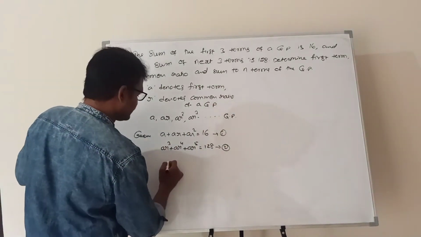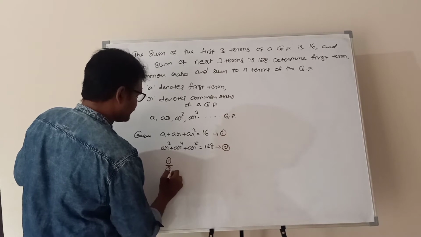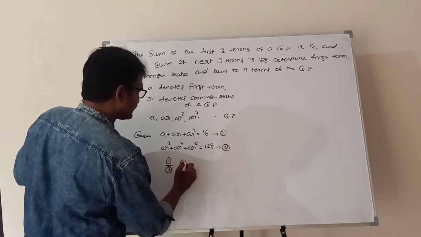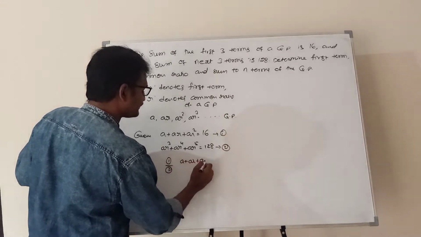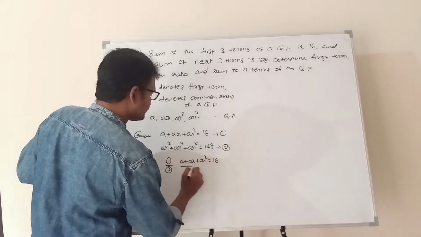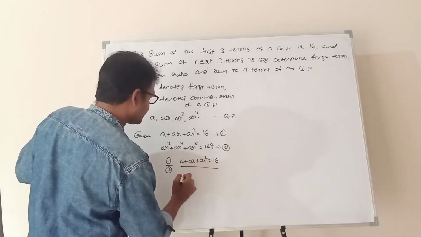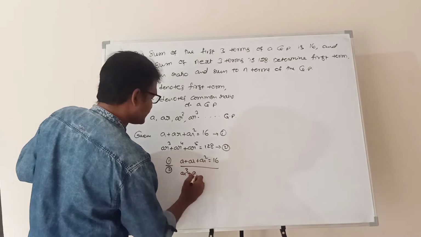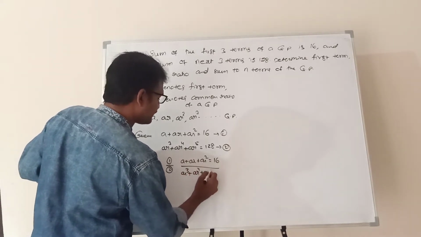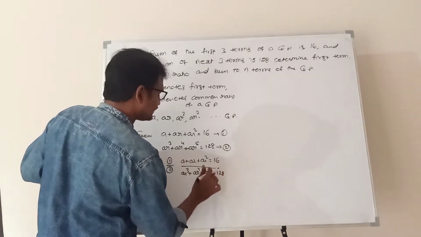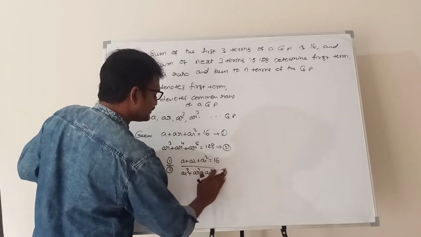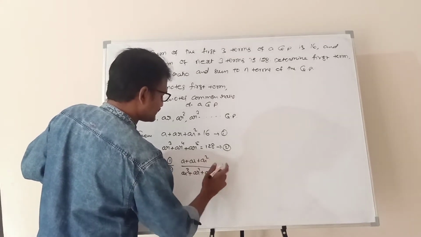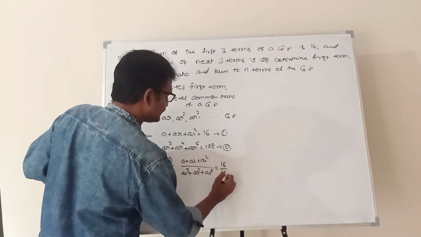So here if you divide equation 1 by 2, then a plus ar plus ar square over, in the denominator, ar cube plus ar power 4 plus ar power 5, is equal to 16 by 128.